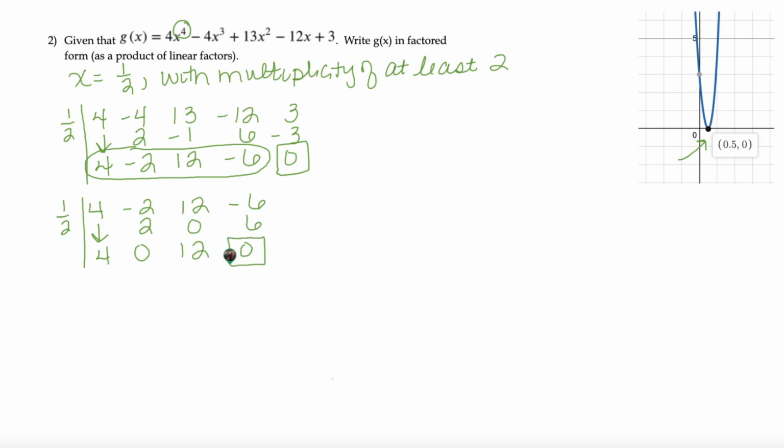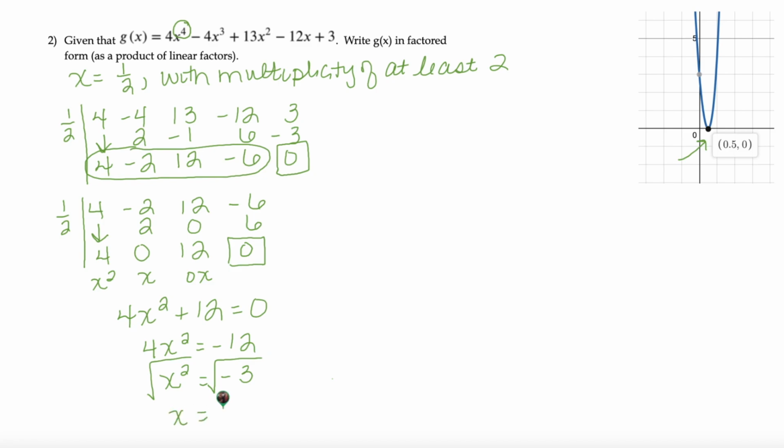This now gives us the polynomial of no x's, x, and x squared, providing us with 4x squared plus 12. Well, we could easily solve this for 0 to find the other two solutions. I'll have 4x squared is equal to -12. X squared is equal to -3. Taking the square root of both sides, x is equal to plus or minus i square root 3.